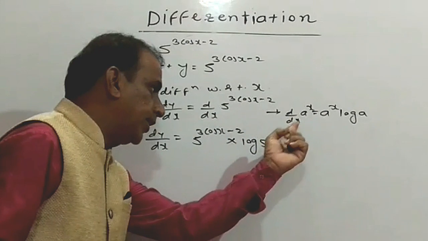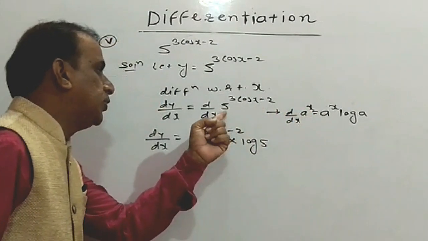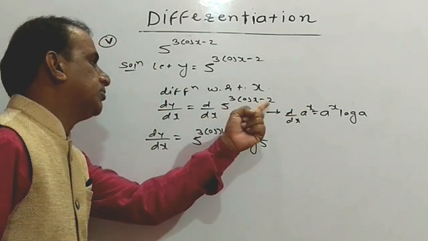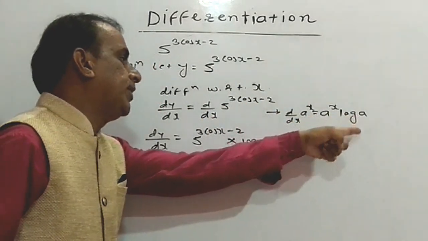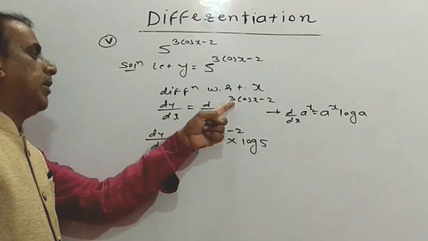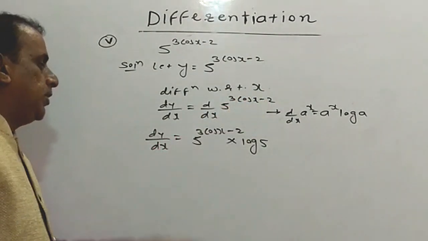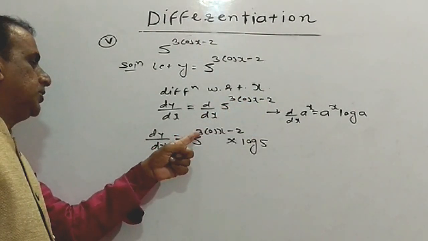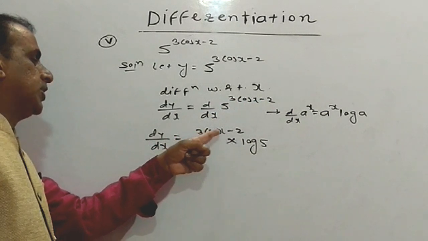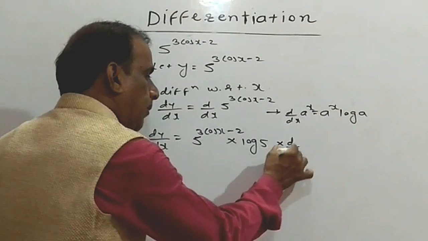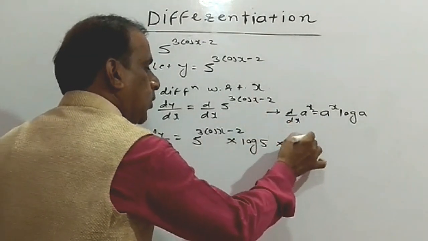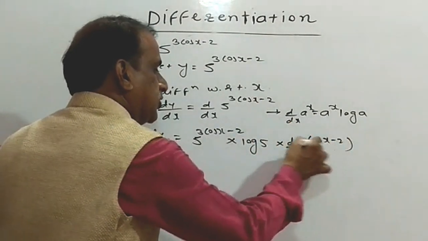Apply this formula: a to the power x, where a is 5 and x is 3 cos x minus 2. The derivative of a to the power x is a to the power x into log of a. So the derivative of 5 to the power 3 cos x minus 2 is 5 to the power 3 cos x minus 2 into log of 5 into the derivative of 3 cos x minus 2.